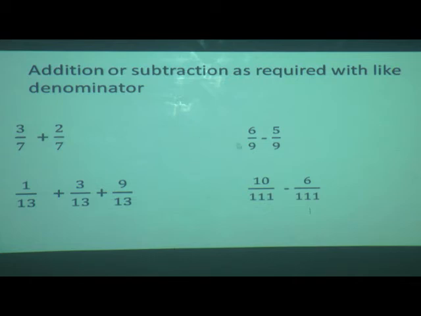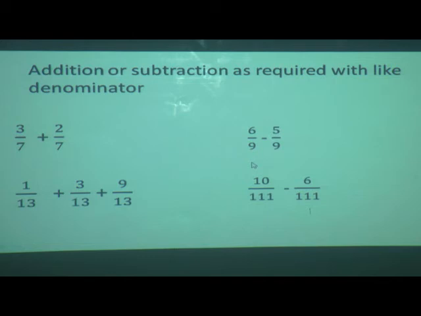Even in subtraction, both denominators are the same. The operation is minus, or we can say subtract. So here also you can do the subtraction directly with the same denominator. We will see the sums one by one, then you will understand how to write addition as well as subtraction.